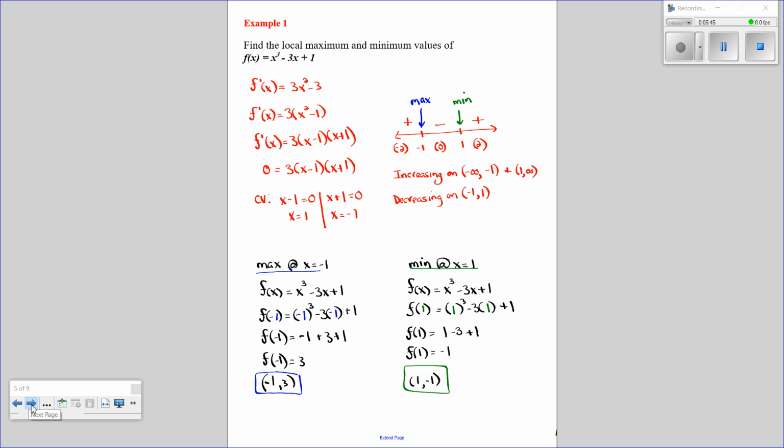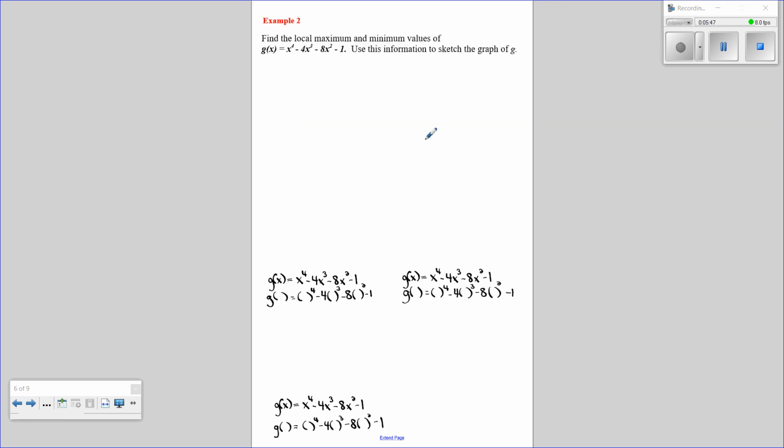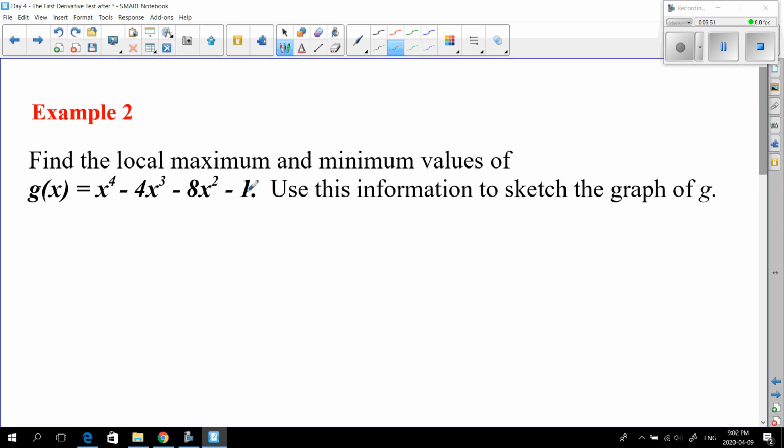So let's take one from the top, example 2 here. All right, and I'll exit the full screen so you can see what's going on over here. It says find the local maximum and minimum values of g at x. All right, so g at x is this fourth degree polynomial, x to the fourth minus 4x cubed minus 8x squared minus 1. It says use this information to sketch the graph of g.